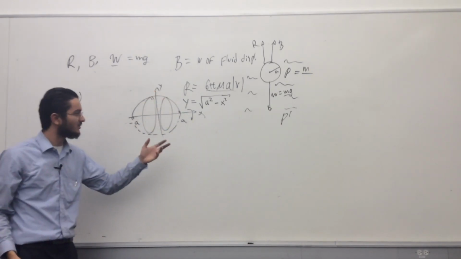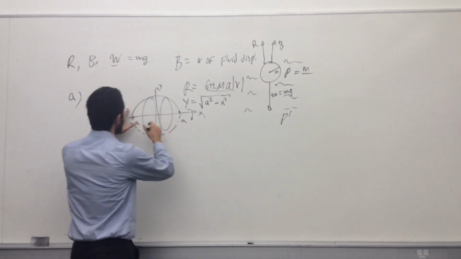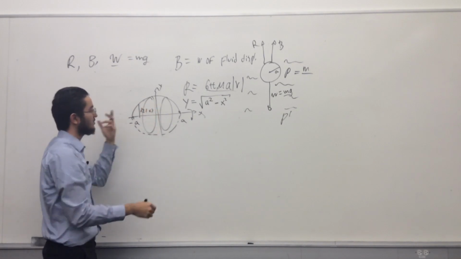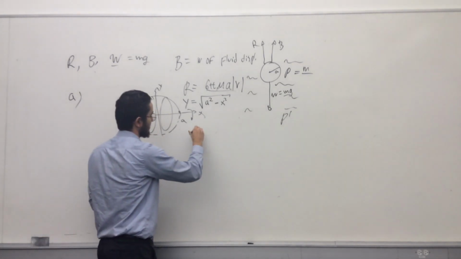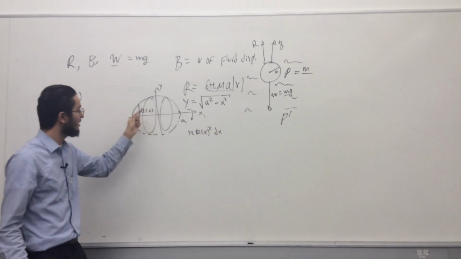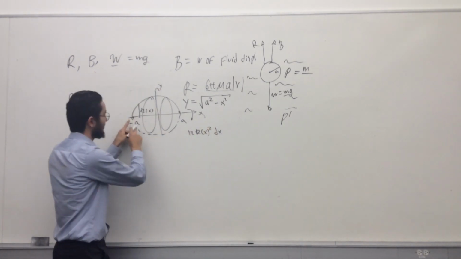So let's go ahead and do an integral. We can say that this over here is going to be our radius function, r of x, and we're going to find pi times r of x squared times dx, which is the thickness of the disk of the volume of rotation, and we're going to add it up from negative a to a.